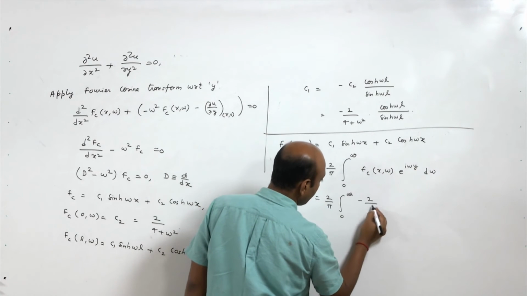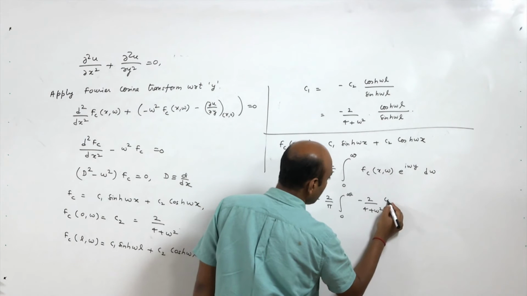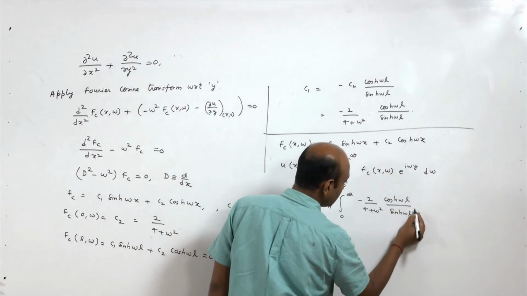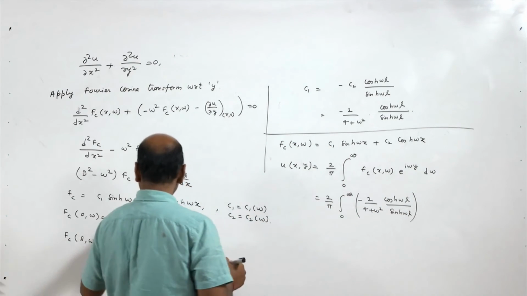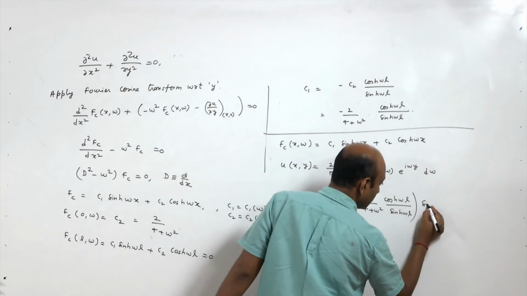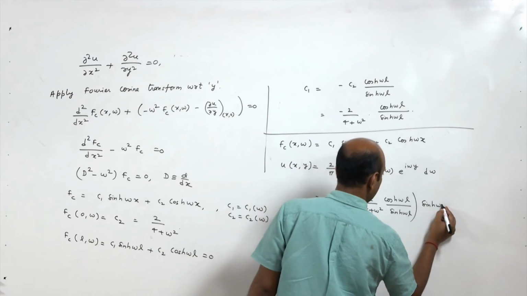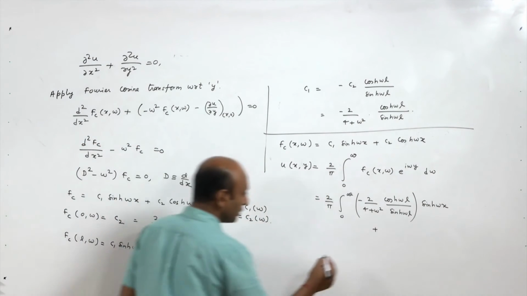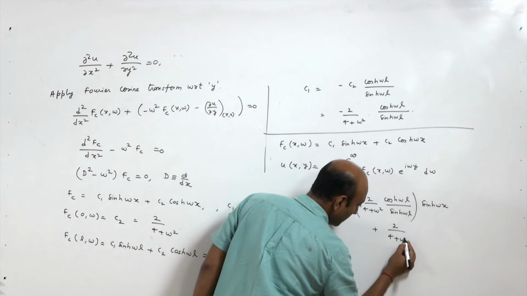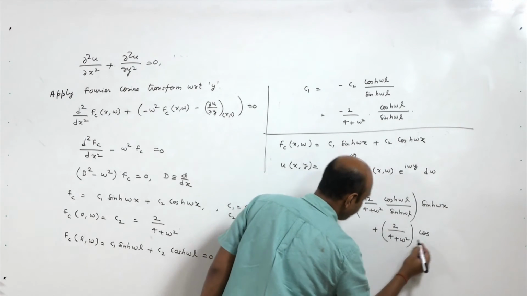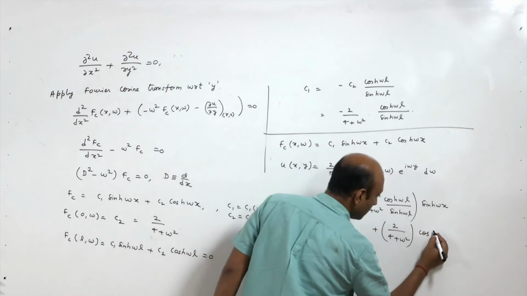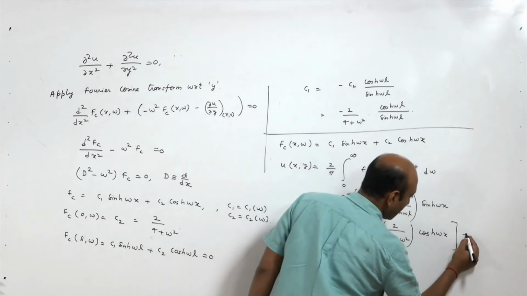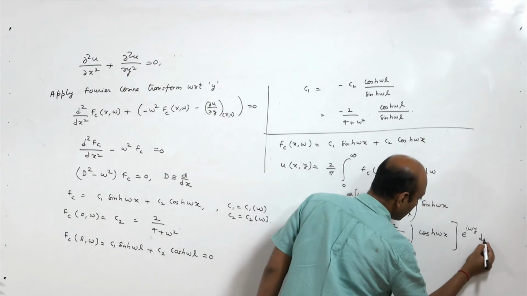So, this is minus 2 upon 4 plus omega square, cosh(omega L) upon sinh(omega L), C1 is this term, into sinh(omega x), and plus C2, C2 is 2 upon 4 plus omega square into cosh(omega x), and whole multiplied by e to the power i omega y into d omega.